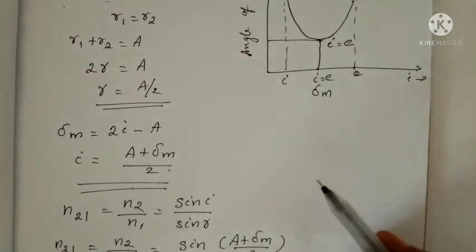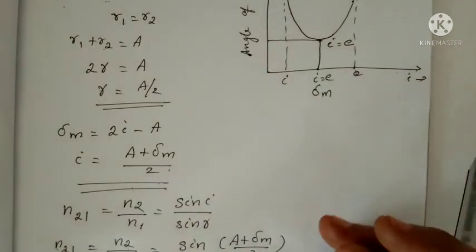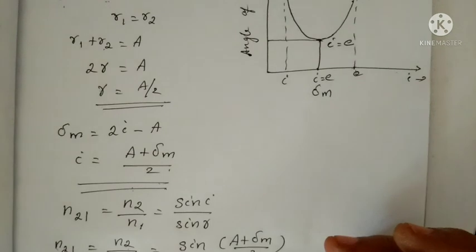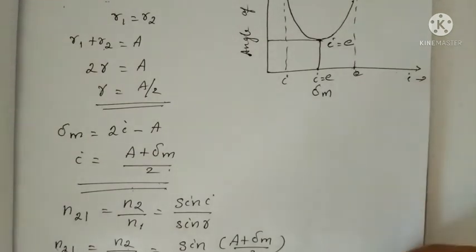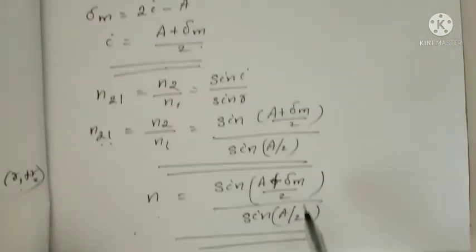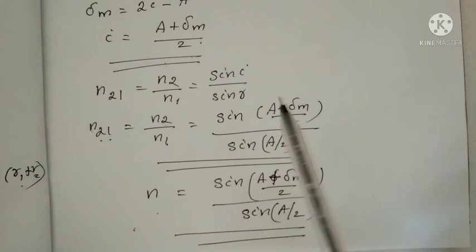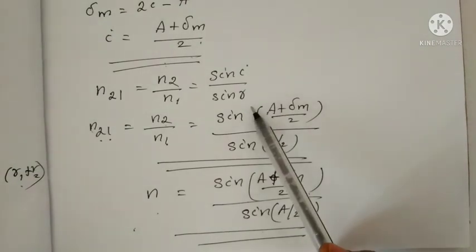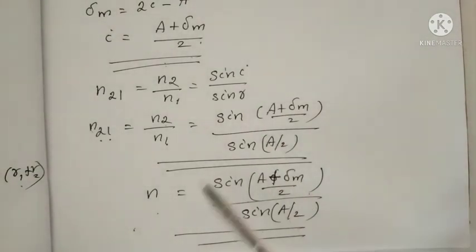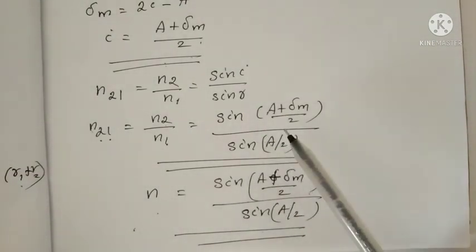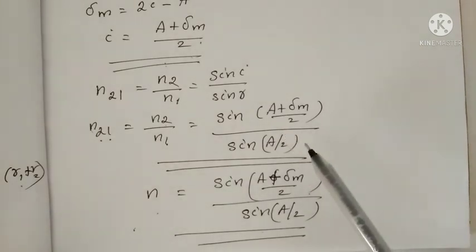Then in case of small angles, that means in the case of a thin prism, delta m is very small, then the angle of incidence and the angle of refraction are also small. That means we are assuming that if the prism is a thin prism, then the angles are very small.